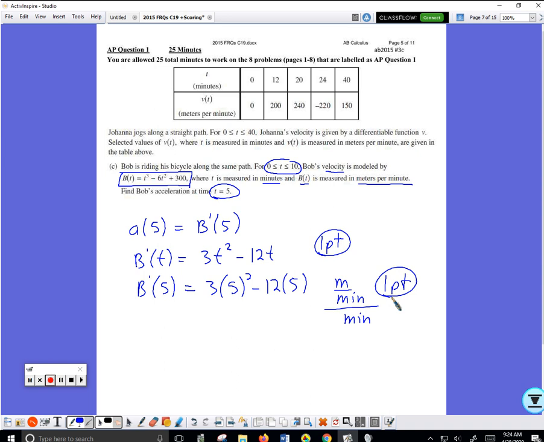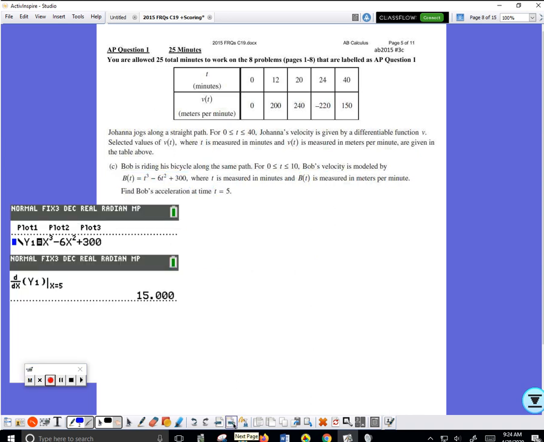You can just leave it like that. If you went to a calculator version of the problem, you would just put this in your calculator and then write on your paper the derivative of B of t over dt at t equal 5.